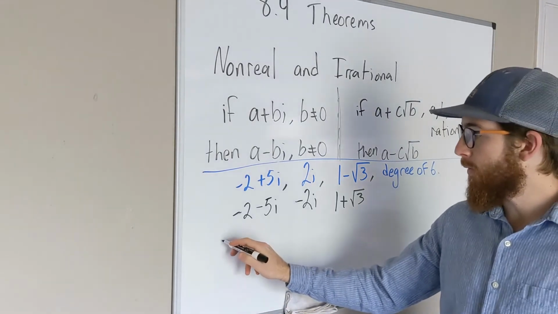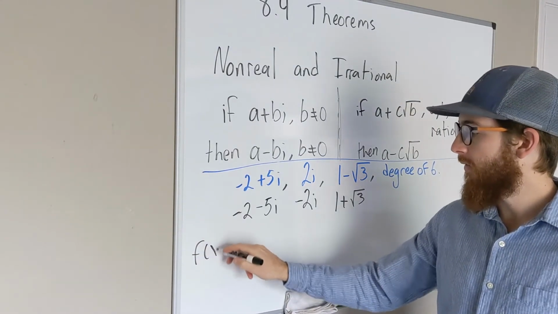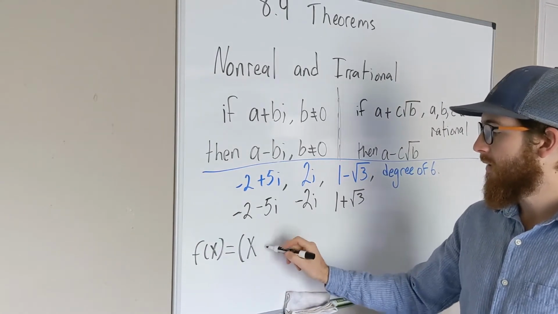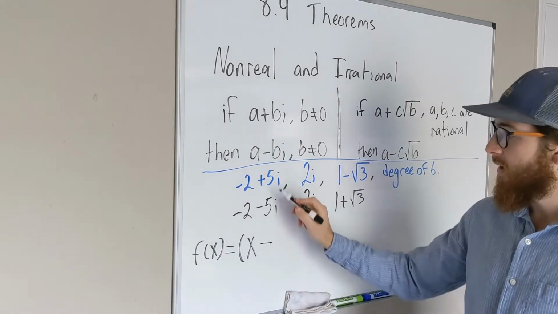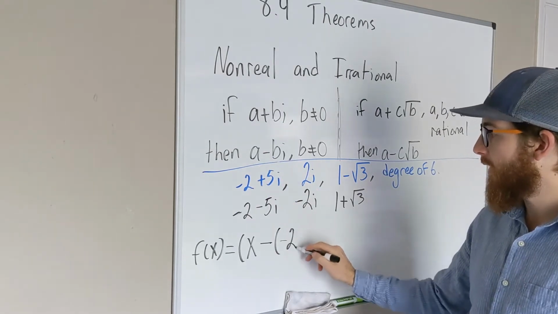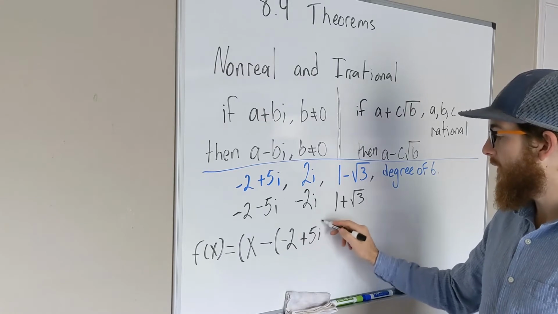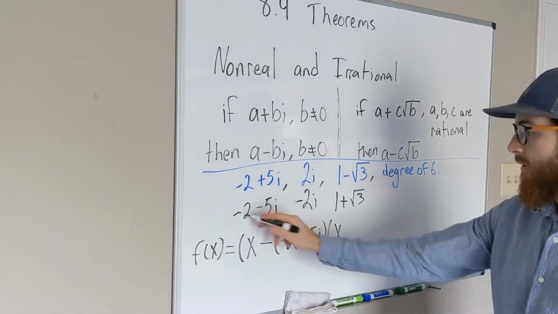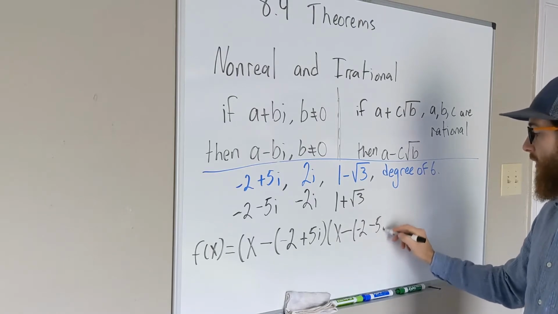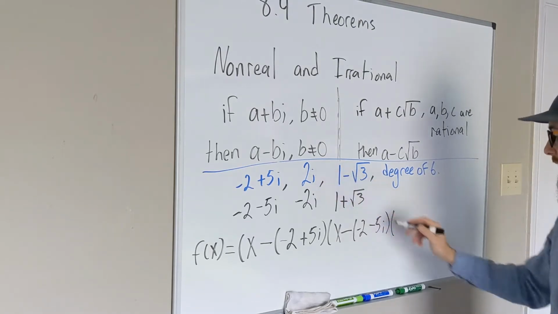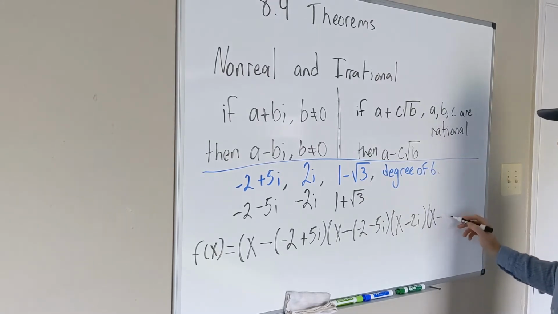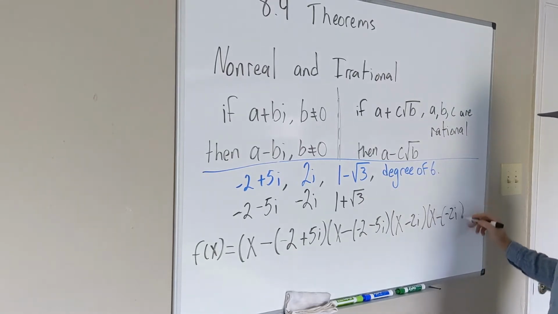So like I was doing before, f of x equals x minus, and I'm going to put this whole thing in parentheses, negative 2 plus 5i, x minus negative 2 minus 5i, x minus 2i, x minus negative 2i.